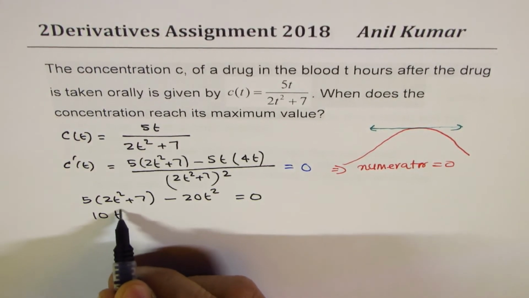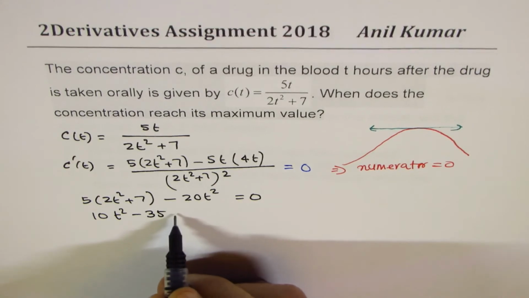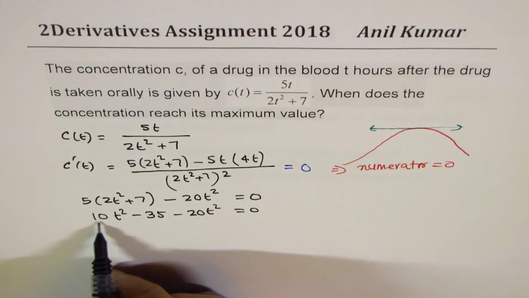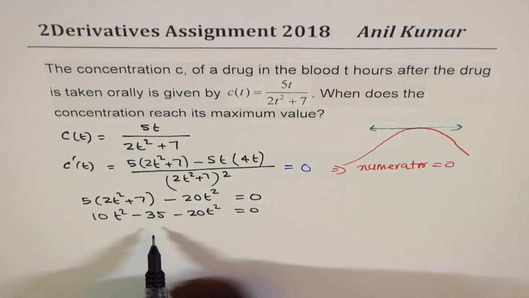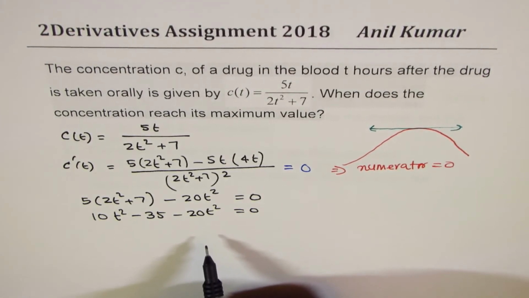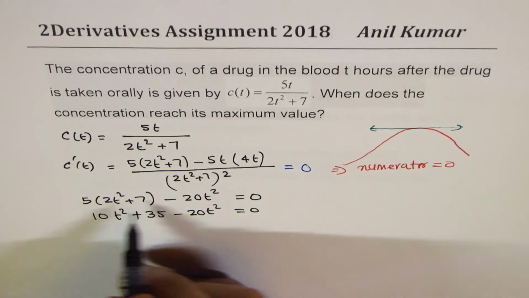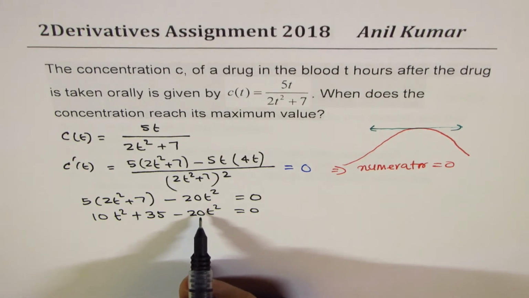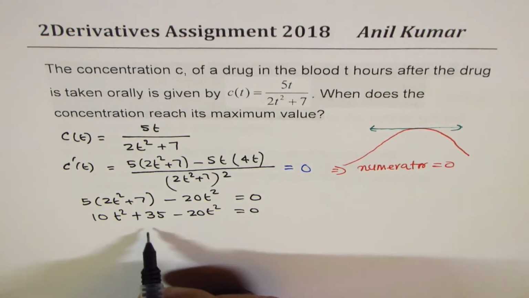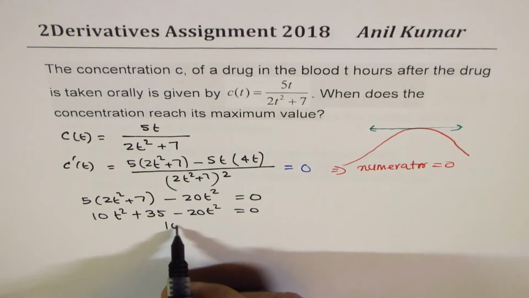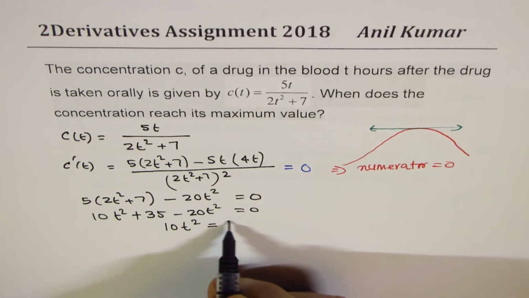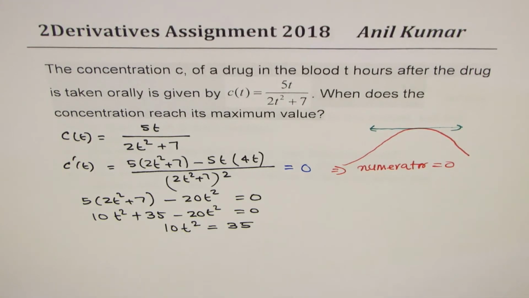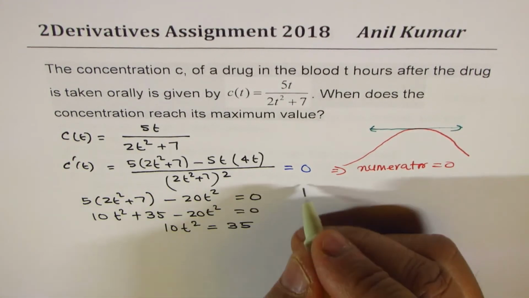We get 10t squared plus 35 minus 20t squared equals to 0. I'm sorry, this is plus 7 times 5. So 10t squared minus 20t squared is minus 10t squared. So we can write, taking it on the right side, 10t squared equals to 35, or we can find the value of t from here.